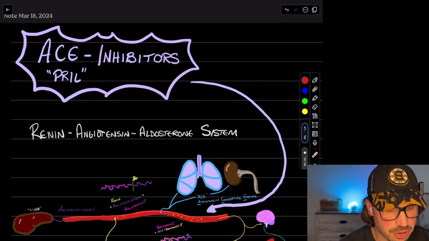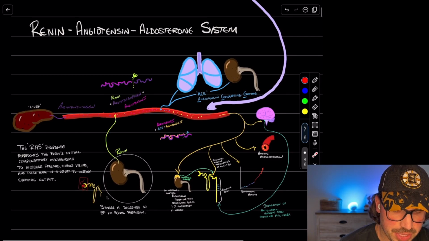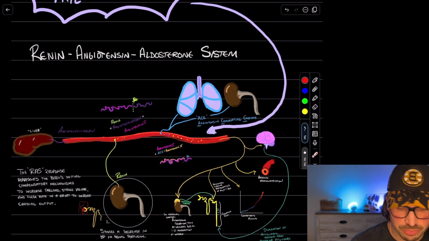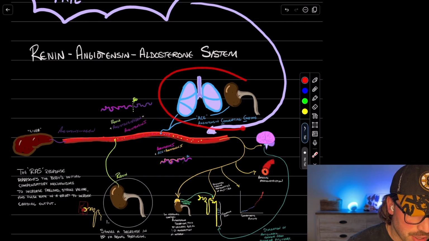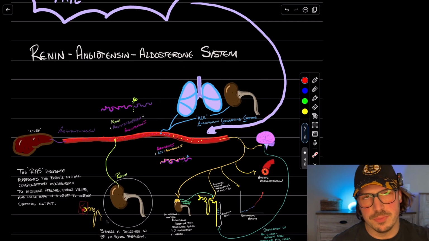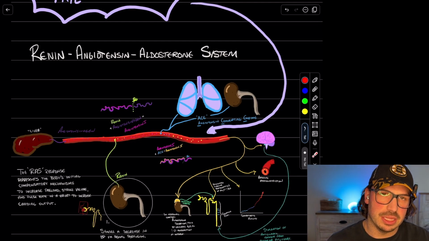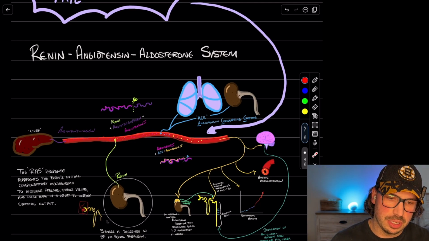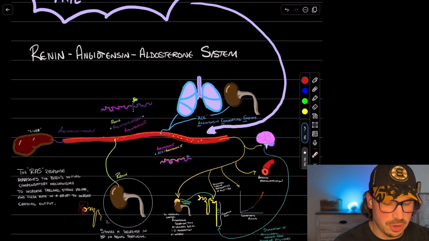If you remember from when we talked about shock states, the reason they're called ACE inhibitors comes from the renin-angiotensin system. There's a portion of the cycle that revolves around ACE being produced by the lungs and somewhat from the kidneys, and it's used to help determine if our blood pressure is low or if we have potential shock states presenting.